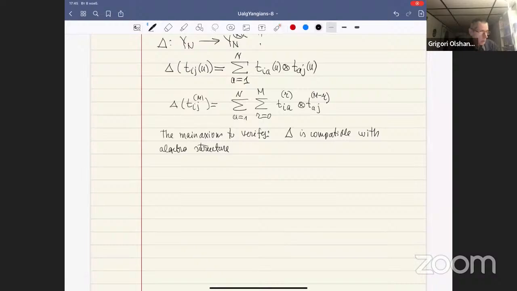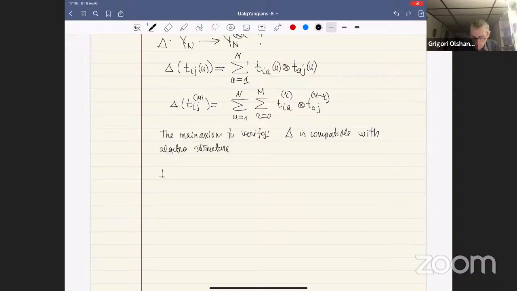So let me explain how to do this. The idea is as follows. To write the definition, first we have to write the definition of the coproduct in the matrix notation.